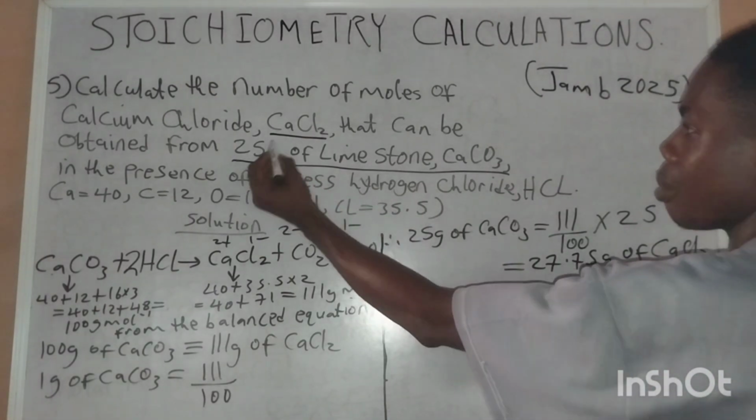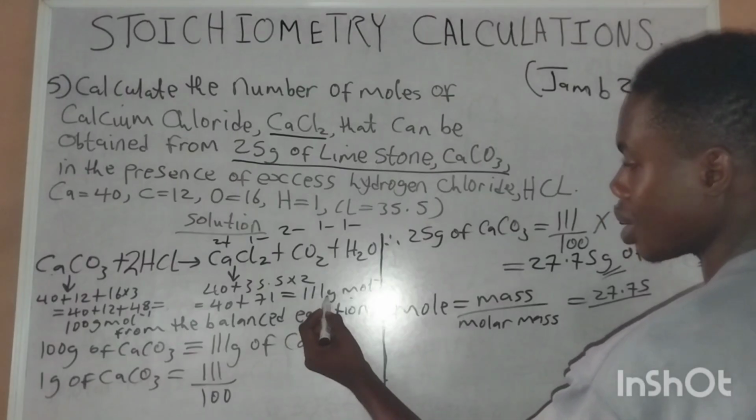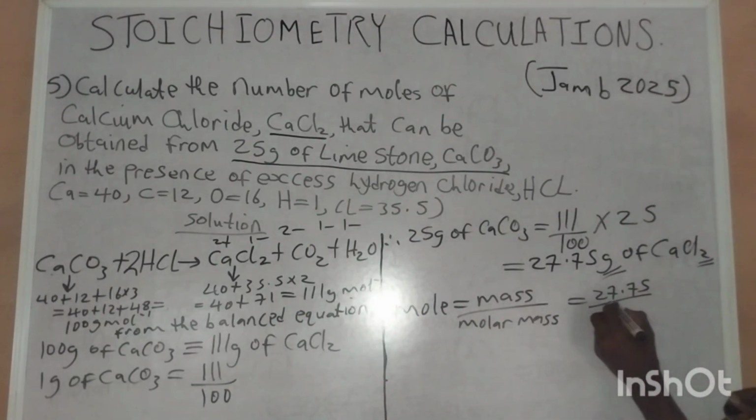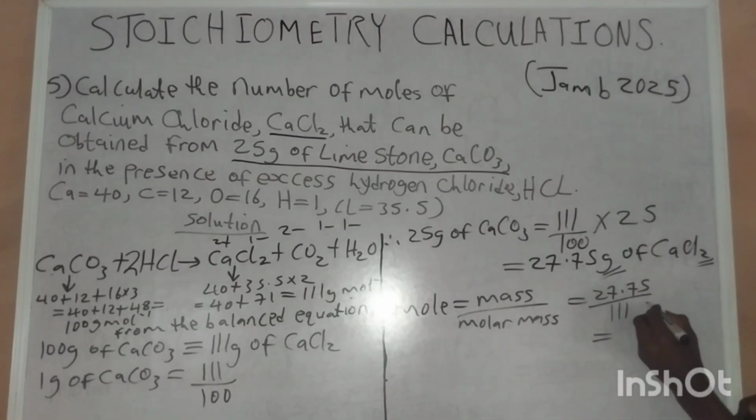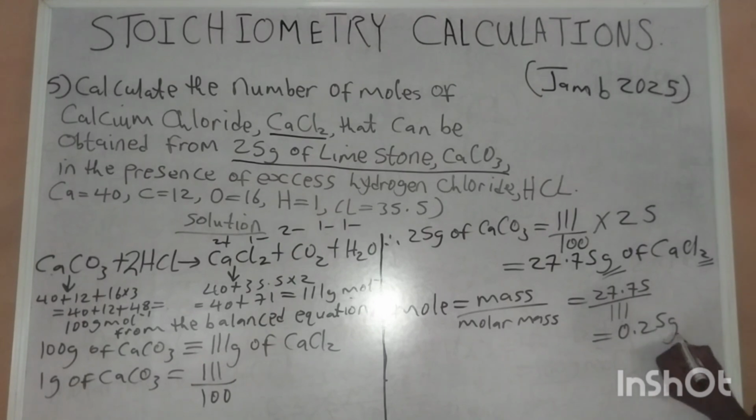This is what you look for: the molar mass of calcium chloride. We calculated it here before, which happens to be 111 gram per mole. Now, we're going to find our mole. 27.75 divided by 111, we now get 0.25 mole, because it's mole.